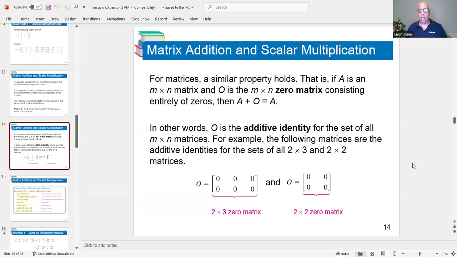For example, the following matrices are the additive identities for all of the 2 by 3 and 2 by 2 matrices. This is a 2 by 3 zero matrix, and this is a 2 by 2 zero matrix. I have it right here for you.